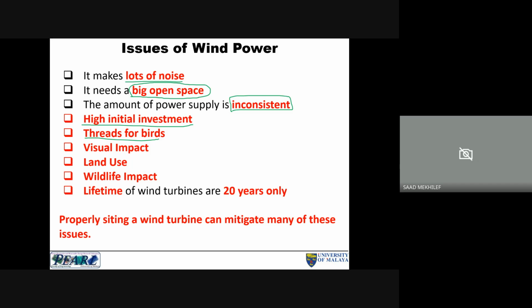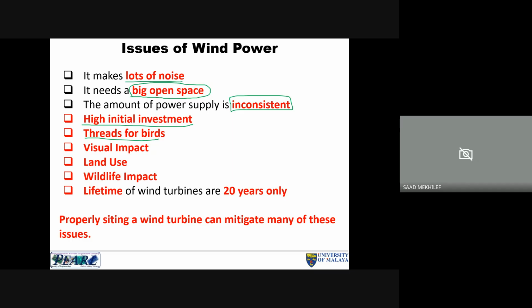That's an issue, especially for societies or NGOs which protect and defend birds. But there are always new innovative ways. These wind turbines now, when they rotate, create some noise, and that noise makes the birds not fly to them. Visual impact, yeah.